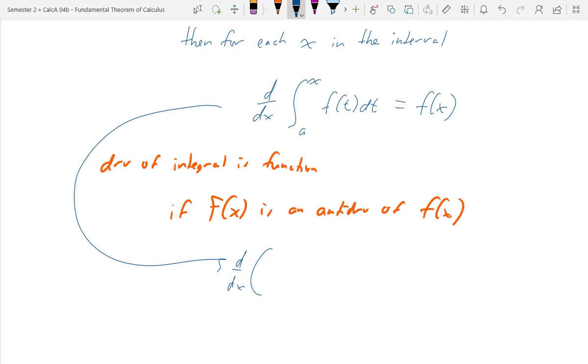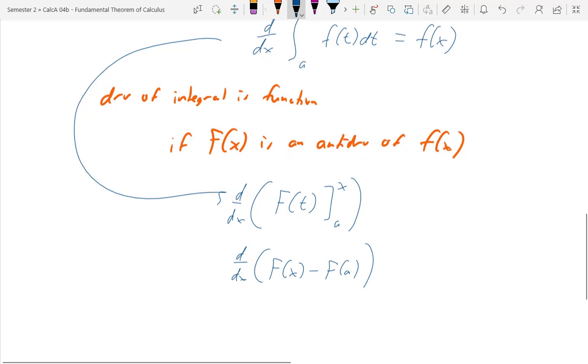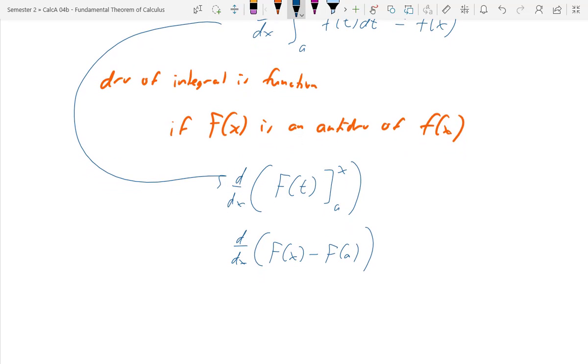So if I'm saying capital F of x is an antiderivative, then what I'm going to get is capital F of t evaluated from a to x, which I get derivative dx of F of x minus F of a. That's by the first fundamental theorem. What's the derivative of capital F of x? Little f of x. And what's the derivative of the constant F of a?